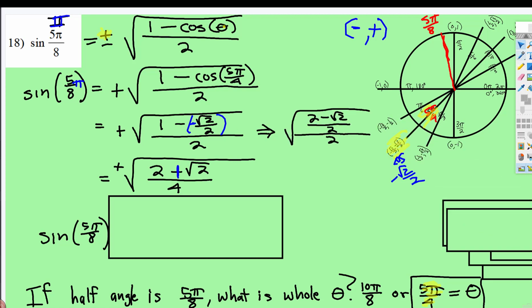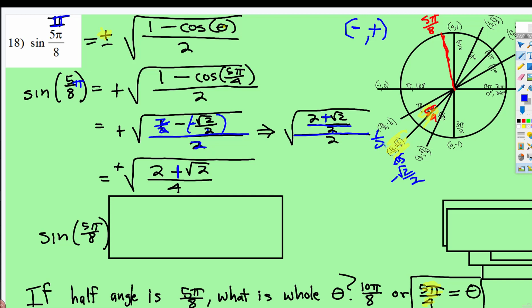Remember what we did in the meantime. We converted this 1 to 2 over 2, and then 2 subtract a negative is adding a positive, 2 plus root 2. Since those two fractions share the same denominator, we can rewrite it over one fraction and then all over this lower 2.